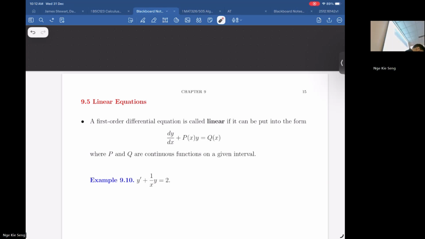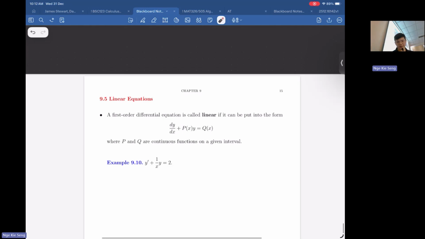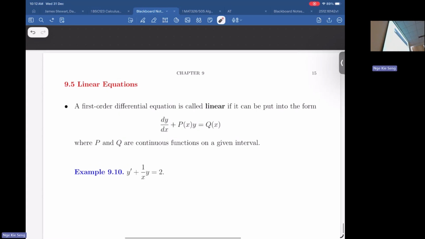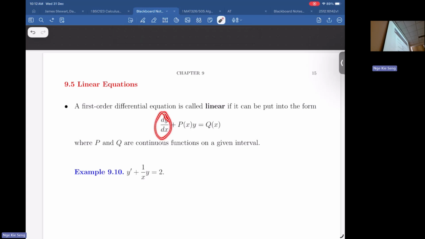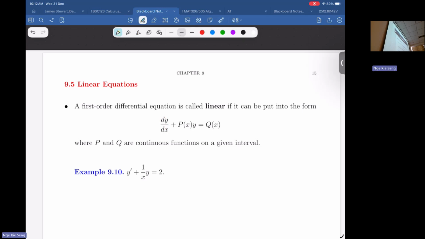Okay, let's continue with the last section here. We'll deal with first order differential equations. First order means you only have the first derivative, so the derivative is of order one.